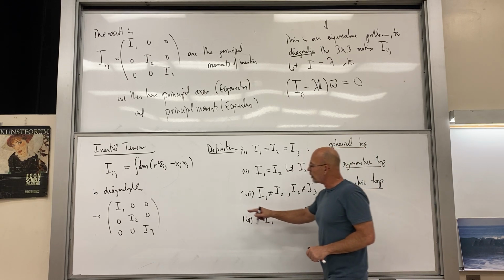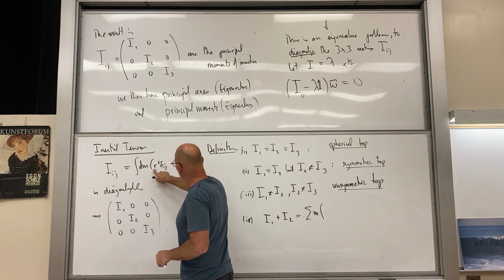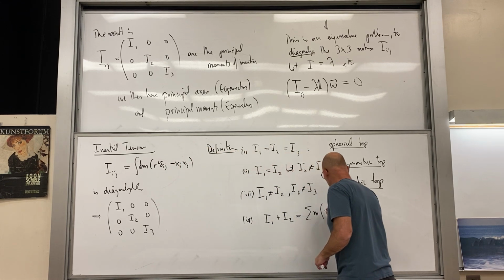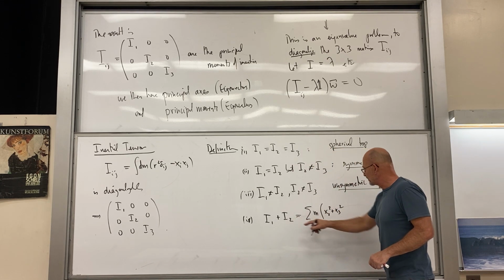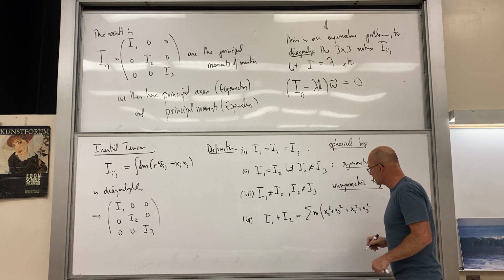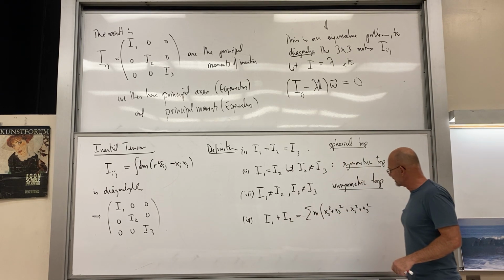And I1 is x2 squared plus x3 squared, and I2 is x1 squared plus x3 squared. The one that's missing is always the one whose index it is.